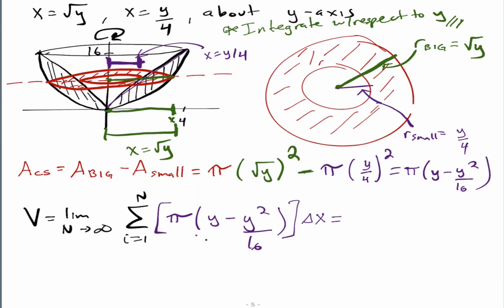Anyways, back to the volume. As an integral, what is it going to be? The integral of pi times y minus y squared over 16, dy. And then from where to where? 0 to 16. Yep, from y equals 0 to y equals 16, because now we go from the very bottom to the very top.